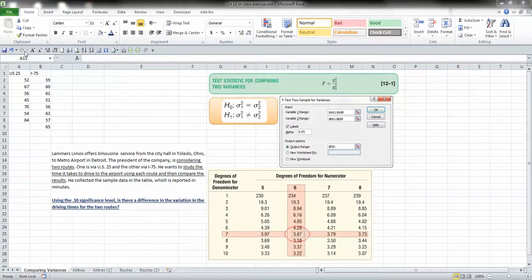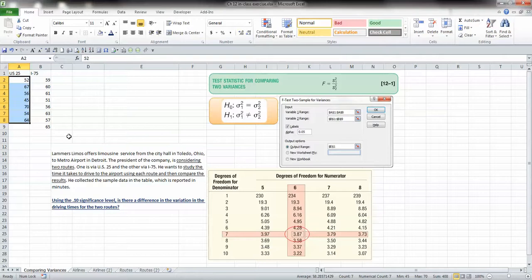Our n for the US 25 route is 7, and we can just look at it and see that for I-75 it's 8. So for our first set, US 25, our degrees of freedom is going to be 6.